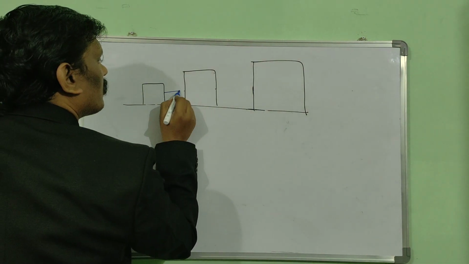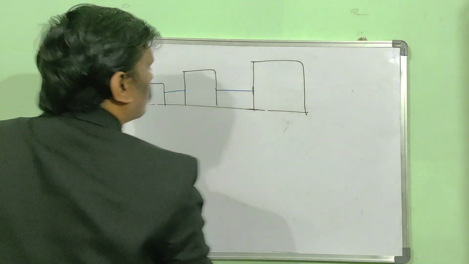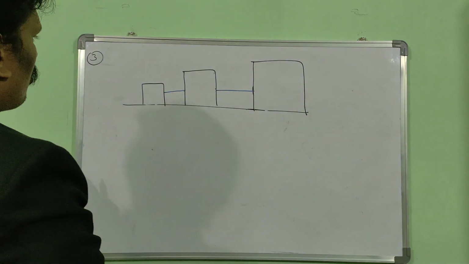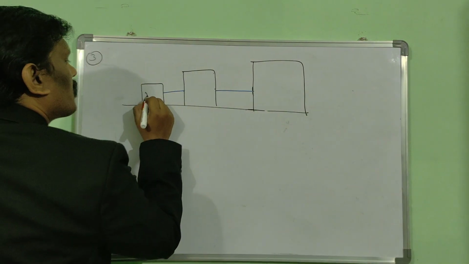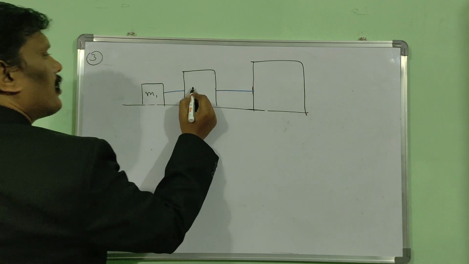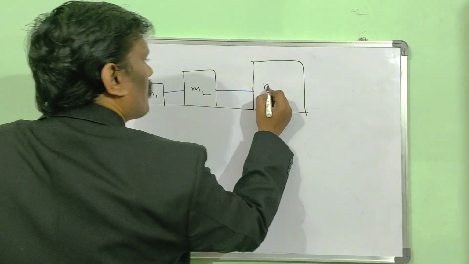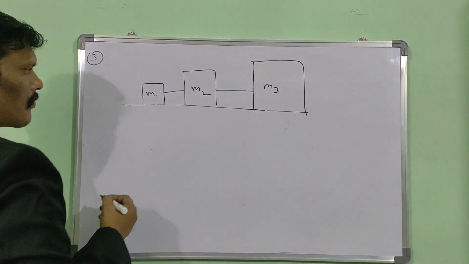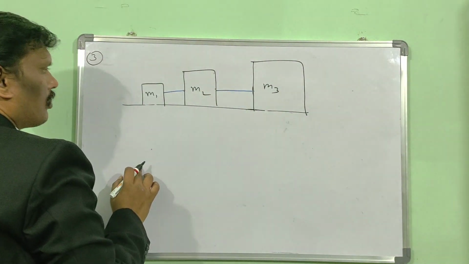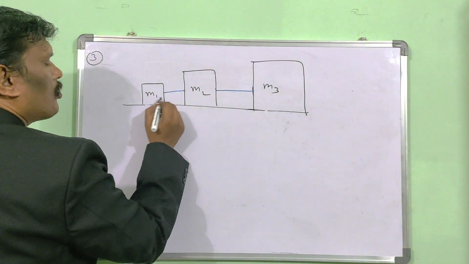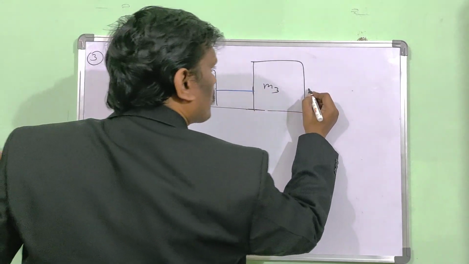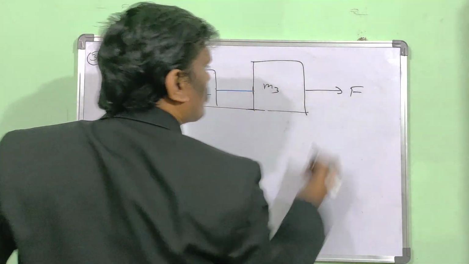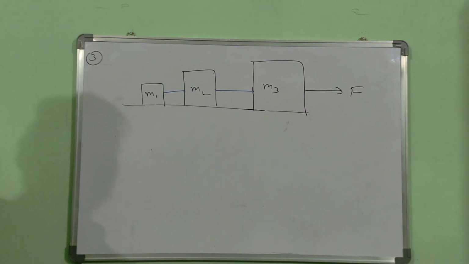This block's mass is M1, this block's mass is M2, this block's mass is M3. All are massless strings. So I consider the force acting in this direction, like this.